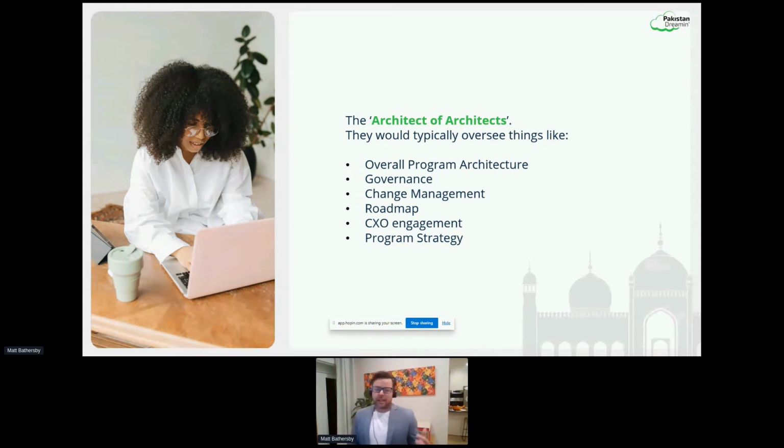Really importantly, an enterprise architect needs to have a deep understanding of not just technology, but also of business. It's really, really important that somebody who is looking to get into enterprise architecture understands the way that businesses work as well as the technology. If you don't understand how a business works, it's very, very difficult to then make technology fit into business.